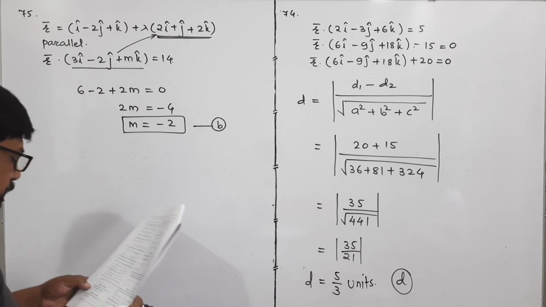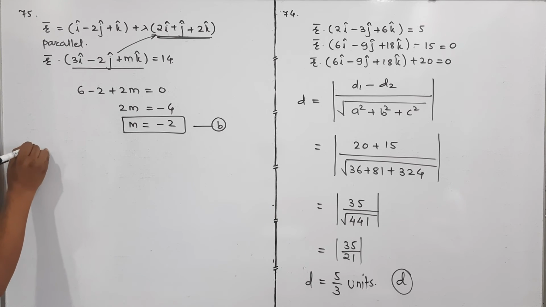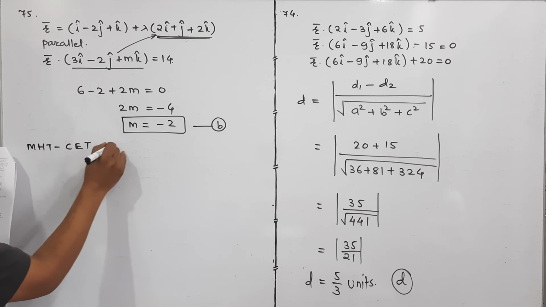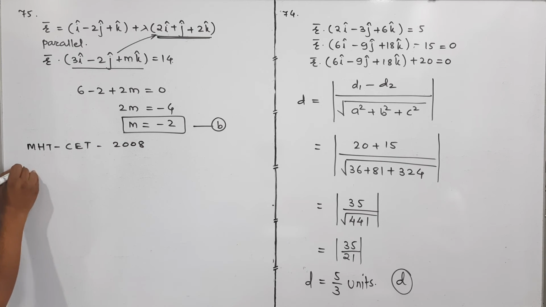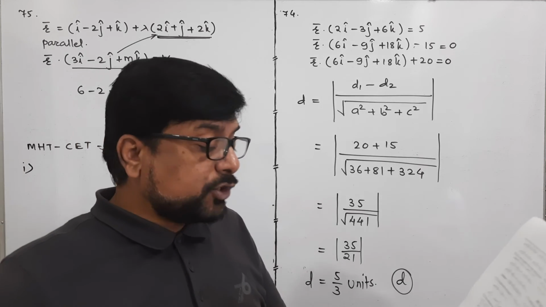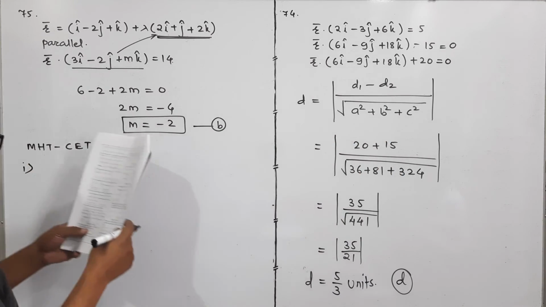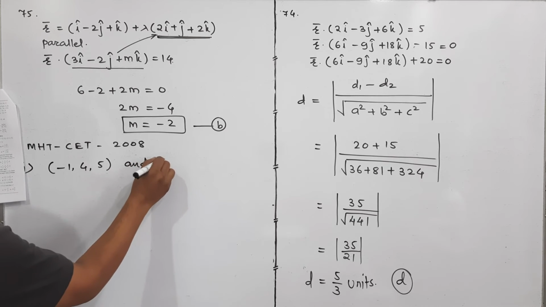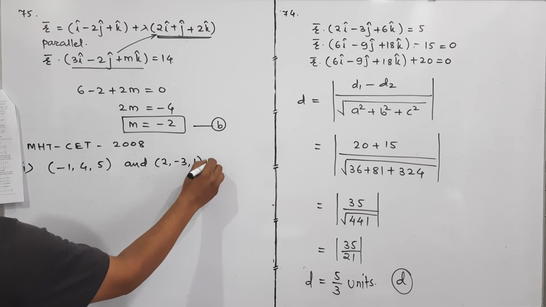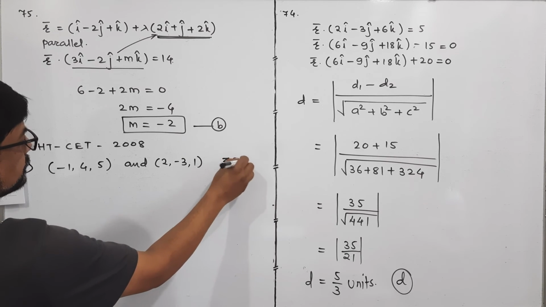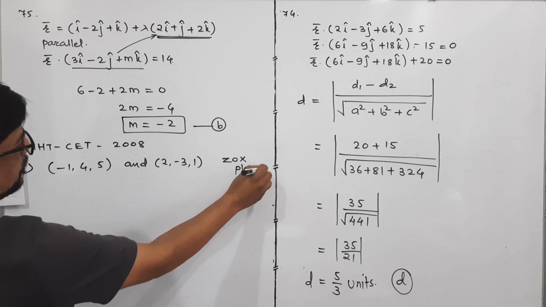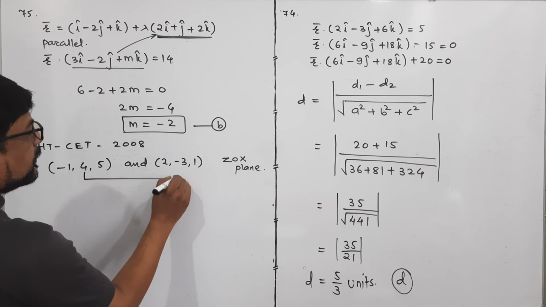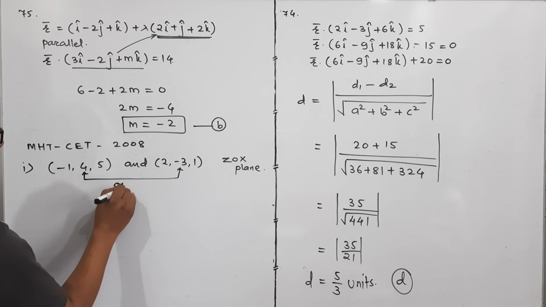Next, MHT-CET questions will follow. In it there is a question from 2008. Read it carefully. The line joining the points minus 1, 4, 5 and 2, minus 3, 1 is cut off by ZOX plane. We solved such questions in lines. How it is divided by the ZOX plane, we have to look only at the y coordinates. The signs of the y coordinates are opposite.